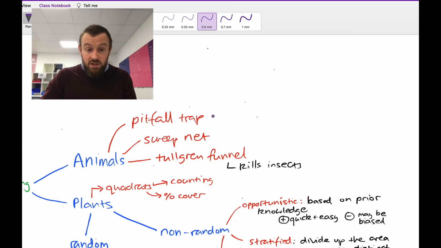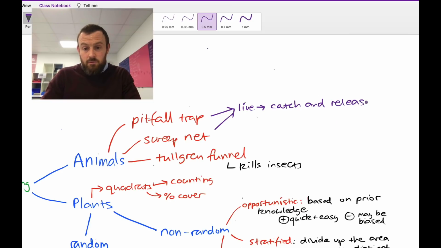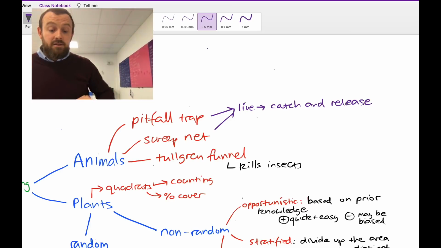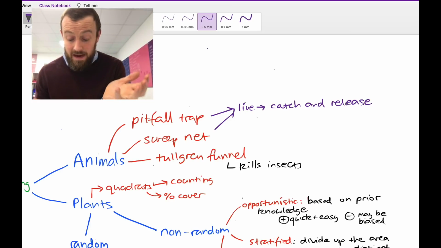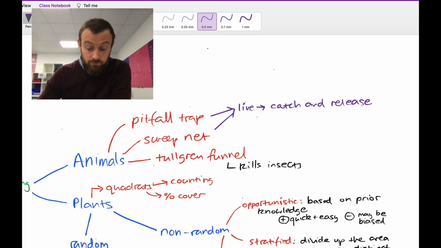So with these two methods, you can have live insects, and that means you can do catch and release. Now, catch and release uses live insects, or live of any organism, to try and estimate the size of the population.